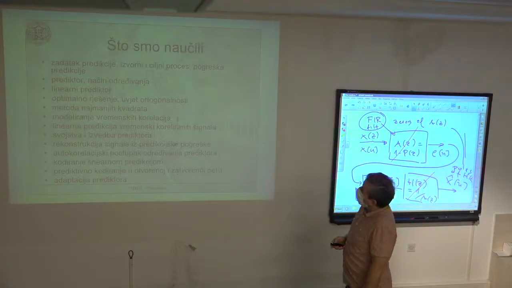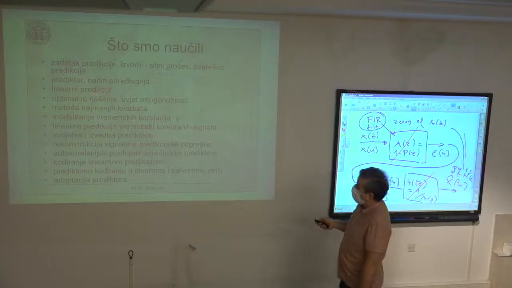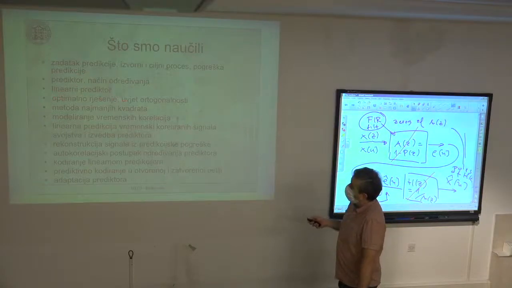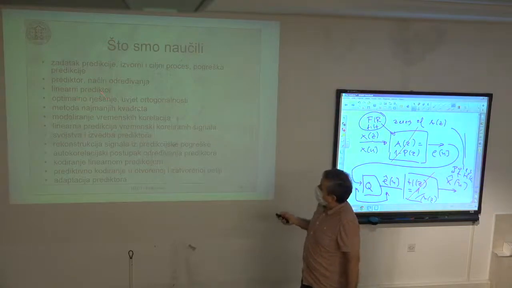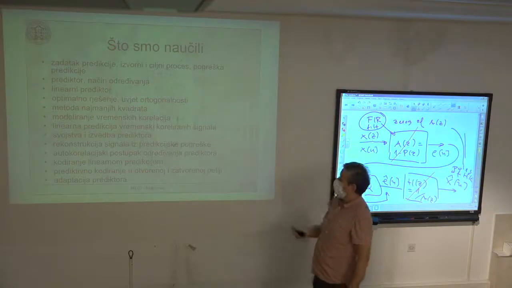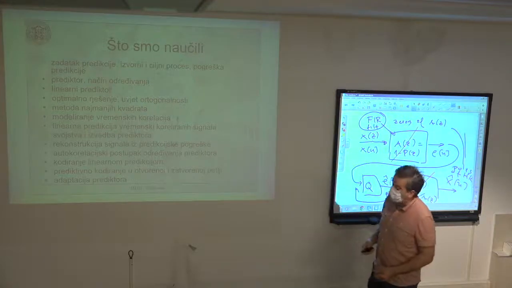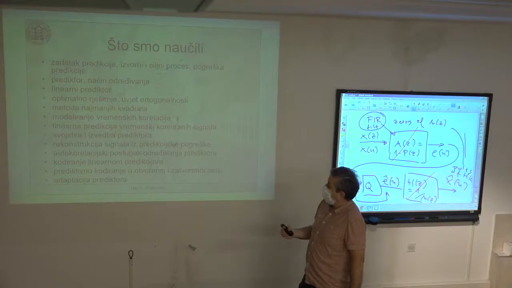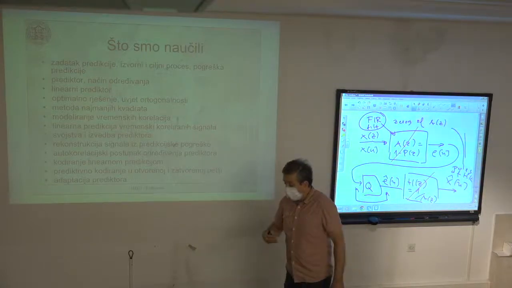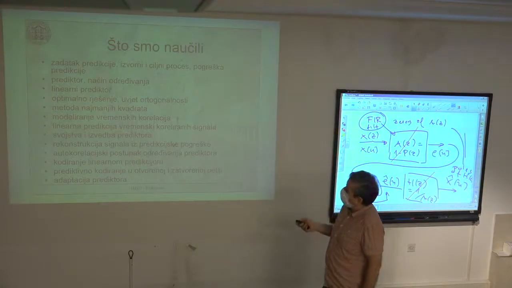Okay. So what we have learned: what is the task of prediction, what is the predictor and how to compute it, what is a linear predictor, how to find the optimal solution, and what is the orthogonality condition, what is the least squares method and how it is related to this linear regression method, and how to model the time correlation by constructing a source process from the delayed samples of the time series.